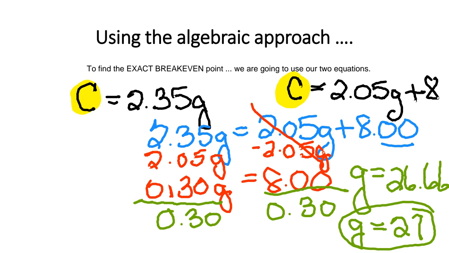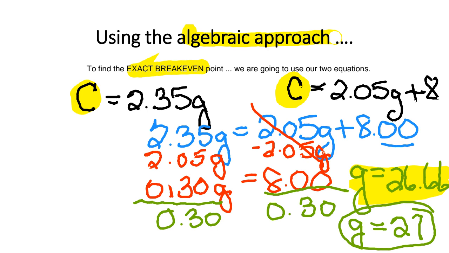Exactly, it is 26.67, 26 2/3 gallons of gas. But sometimes you have to buy a whole gallon, that's why it may round up to 27. This is my algebraic approach to find the exact break-even point.